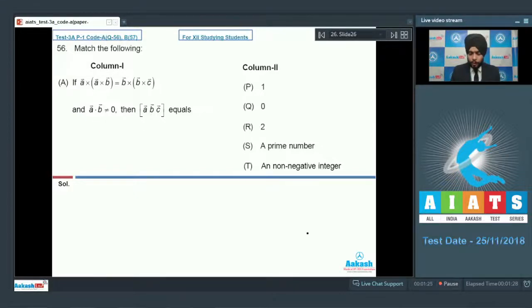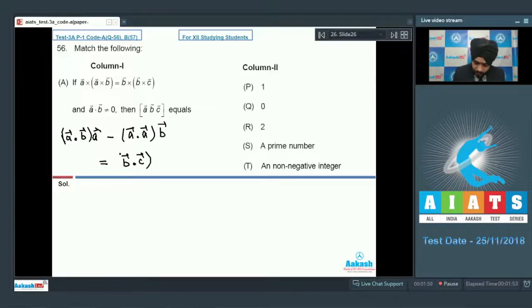So directly expanding these two sides by using the vector product of 3 vectors, I can write A dot B, A vector, minus A dot A, B vector, is equal to B dot C, B vector, minus B dot B, C vector.